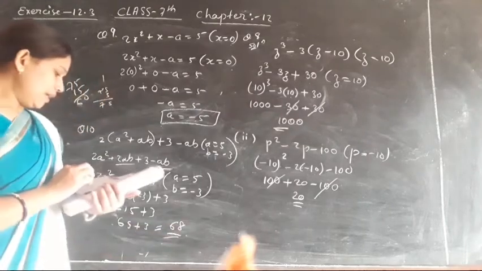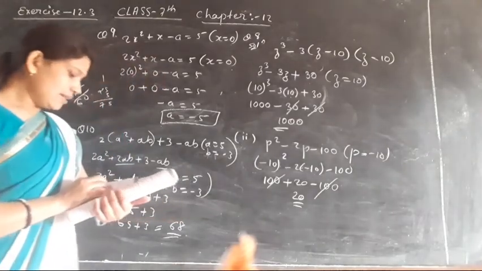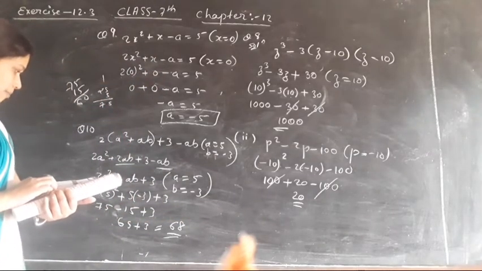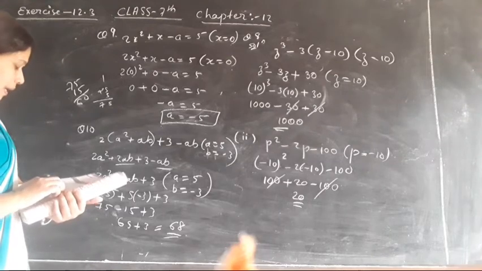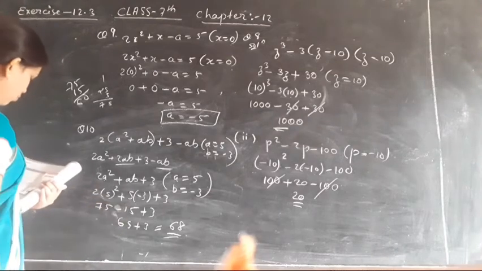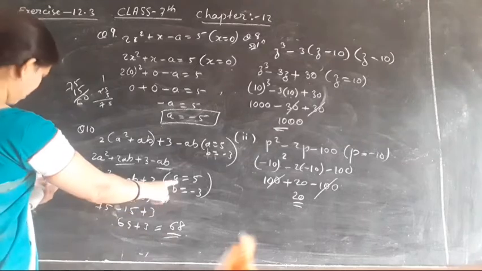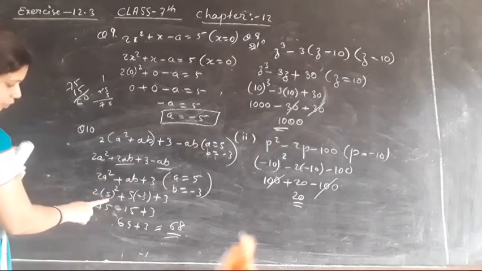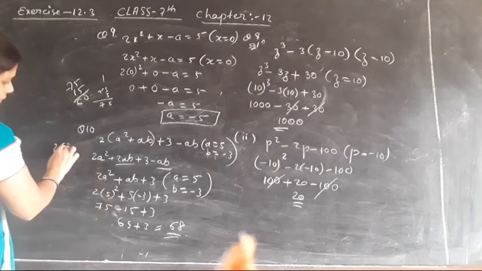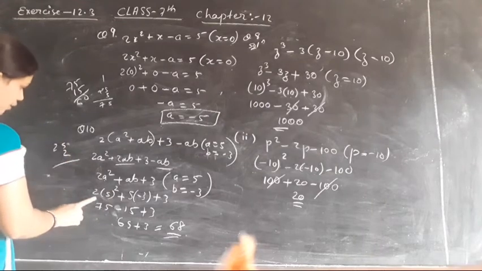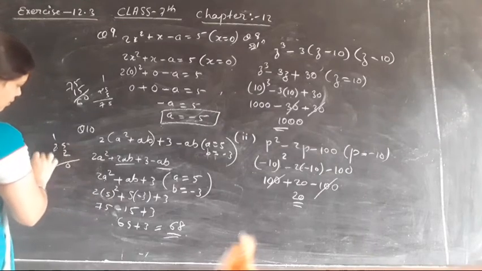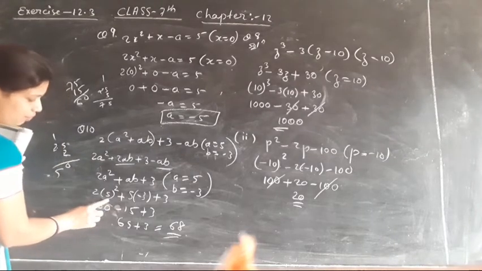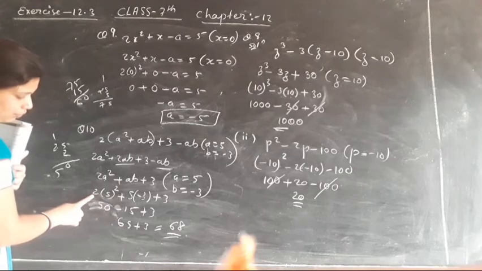So here what answer will you get? The expression is 2a square plus ab plus 3, isn't it? So you have to substitute a is equal to 5 and b is equal to minus 3. So here it will be 5 into 5, 25. 25 into 2, here it is 2 now. 50, dear students. 25 into 2 is 50.